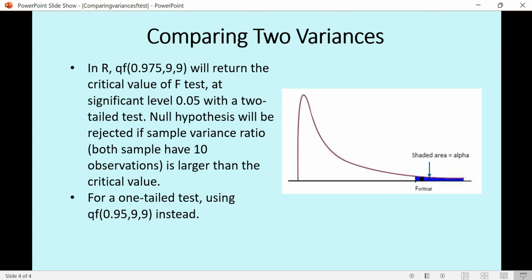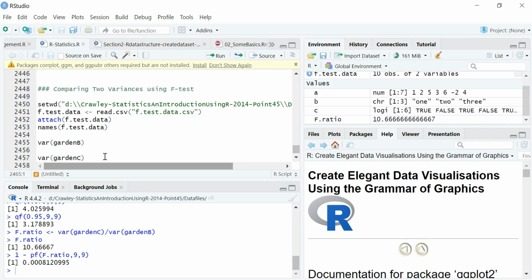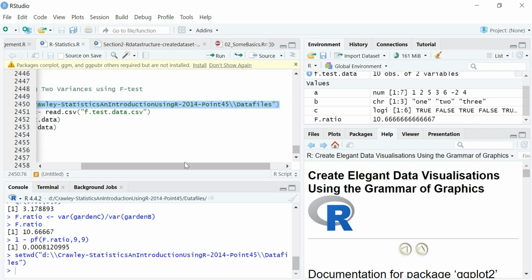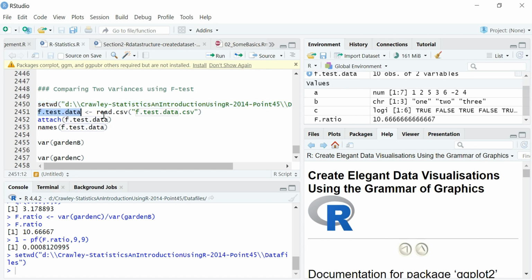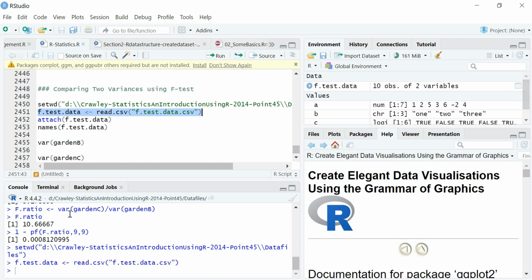Next we will show how to implement this example in RStudio for the F-test. First we set the working directory, load the data from this CSV file, and read it into a data frame called ftest data. We can show this data.